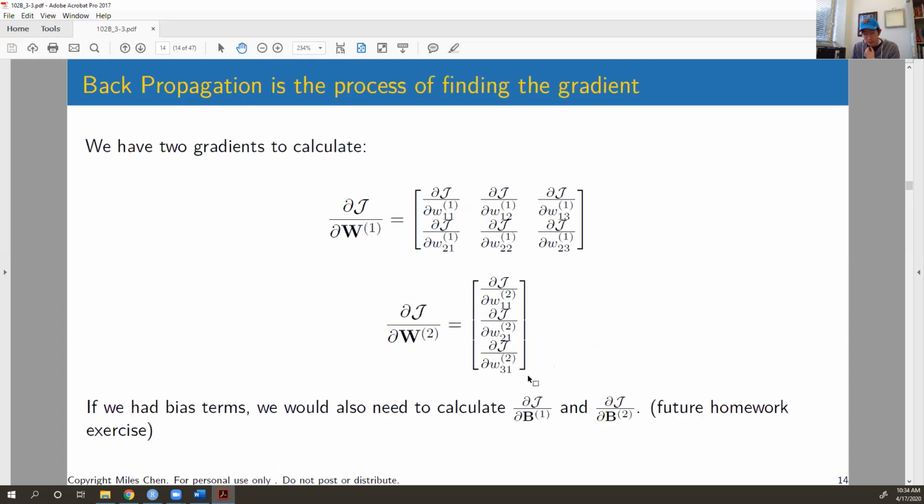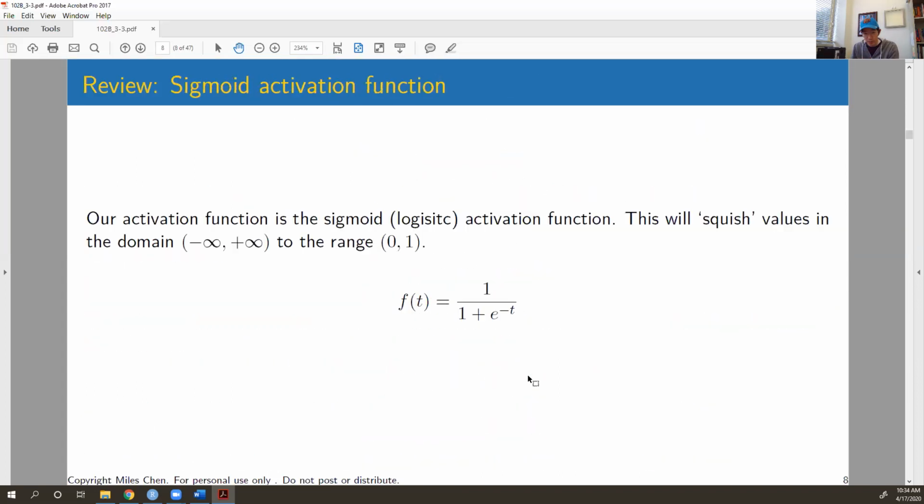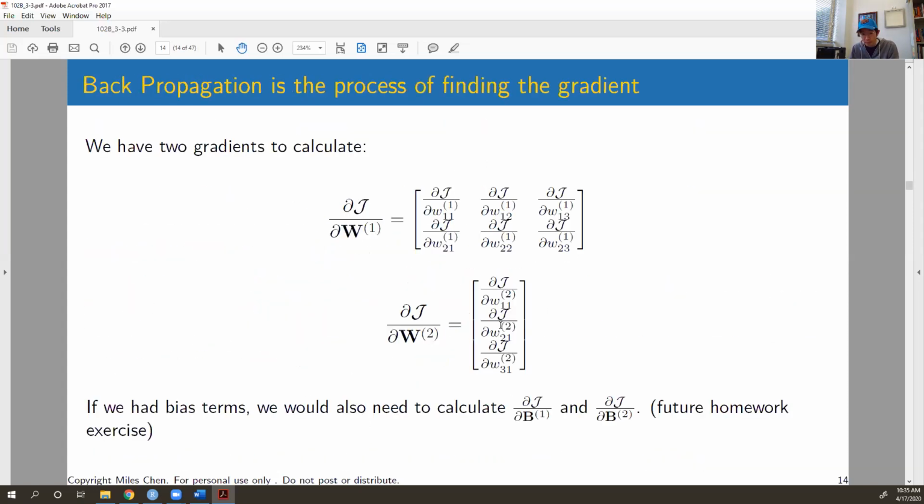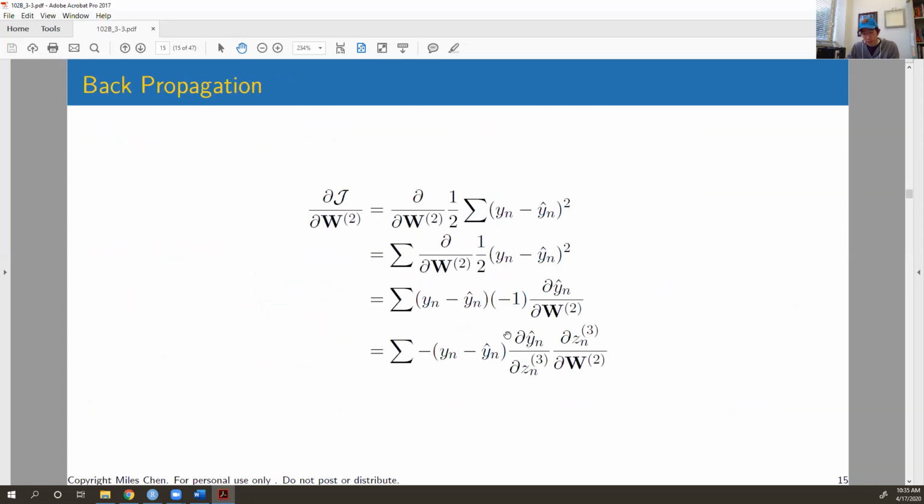So if we back up to right here, we said y hat is the result of applying that sigmoid activation function to the z values in the third layer, right? So y hat changes with respect to this, and then z changes with respect to W2. So this is where we are, okay?